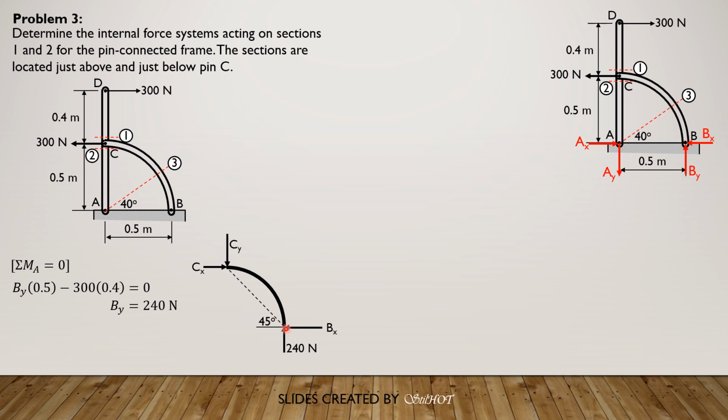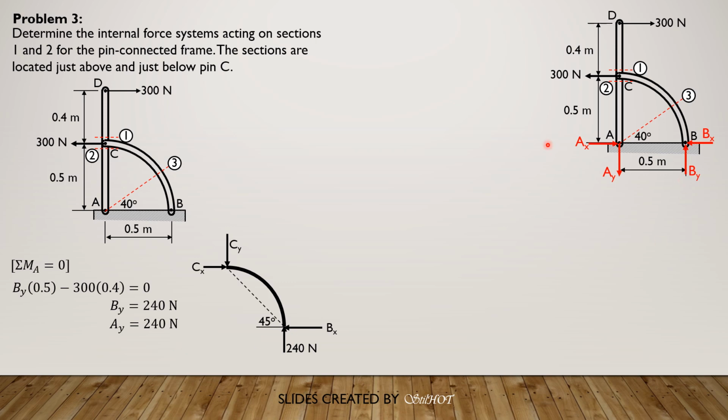The components Bx and By must be equal because this is 45 degrees. Or the other way is you sum up moment about C. So Bx times 0.5, that's clockwise, equals 240 times 0.5 counterclockwise. So cancel 0.5. So that proves that Bx is also 240 newtons.